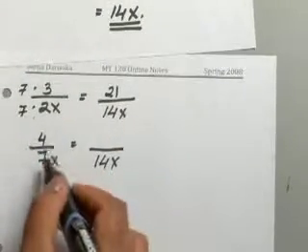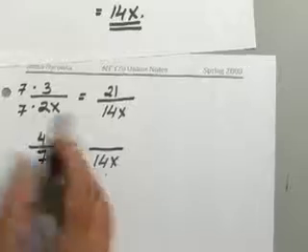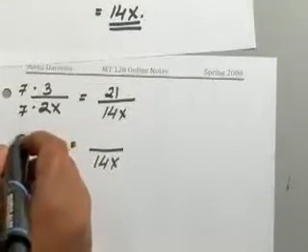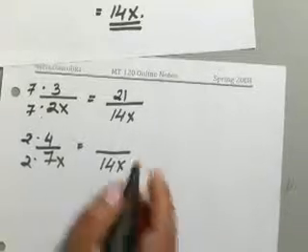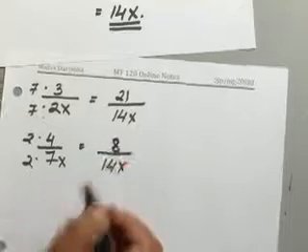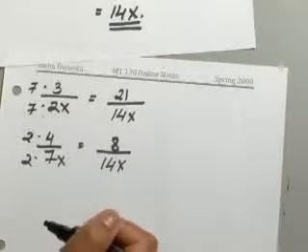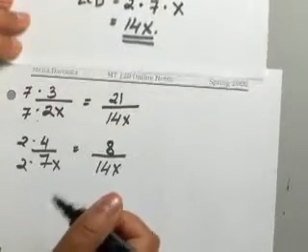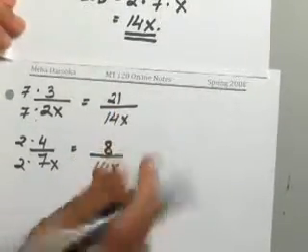Do the same thing for 4 over 7x. Now 7x times 2 will give us 14x. So that means I multiply my numerator also by 2, and 4 times 2 is 8. So 4 over 7x will be 8 over 14x. And now we can go ahead and add these 2 rational expressions.